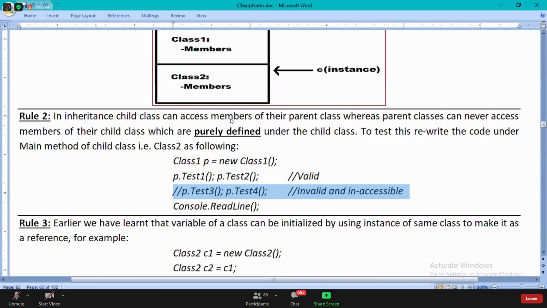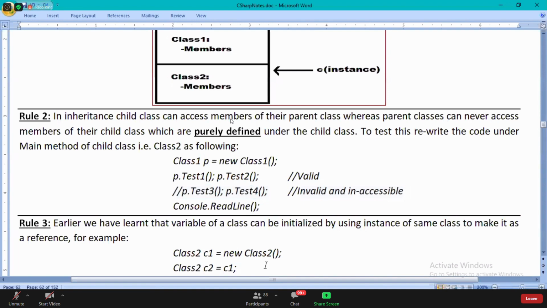Yeah. Okay, now? All of you remember this one, huh? Rule number 3. Do you remember this?